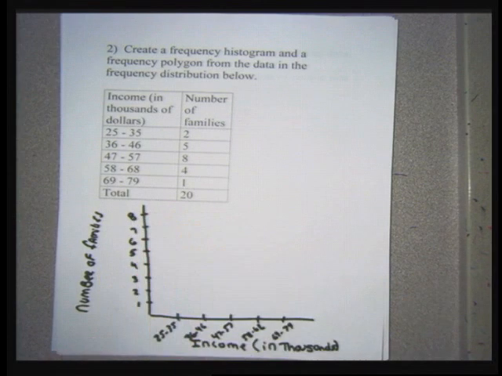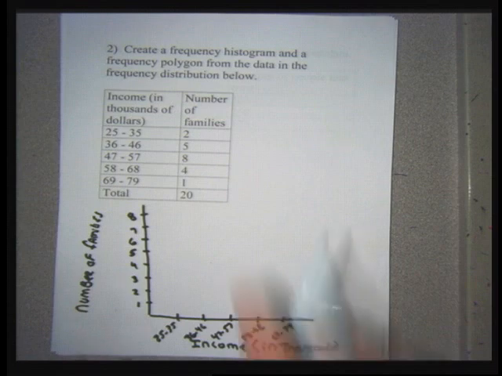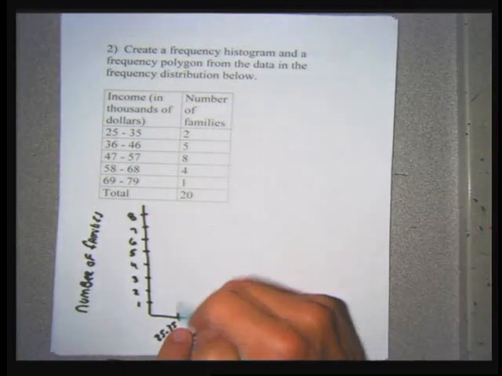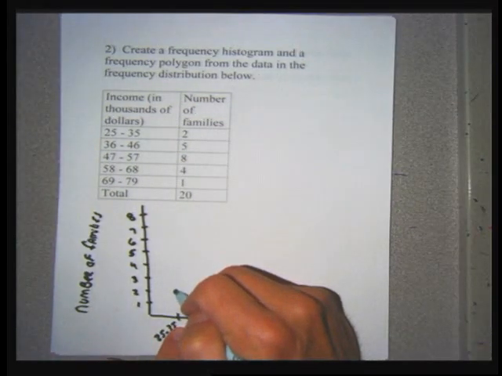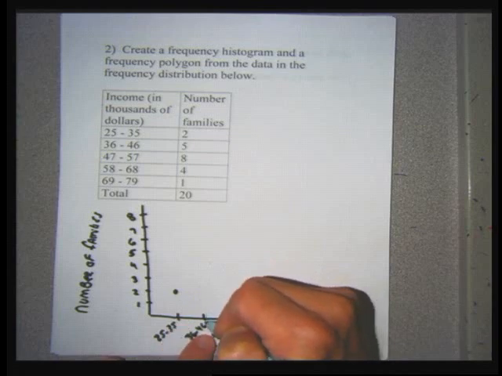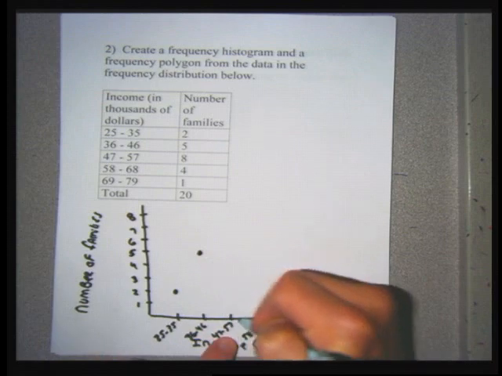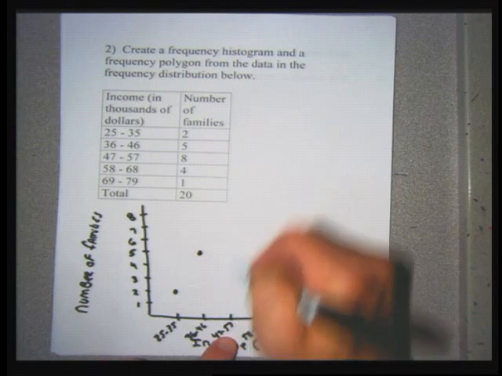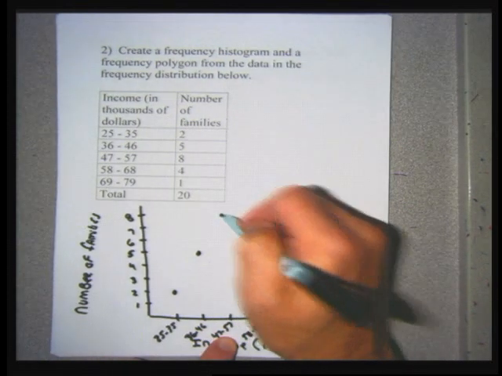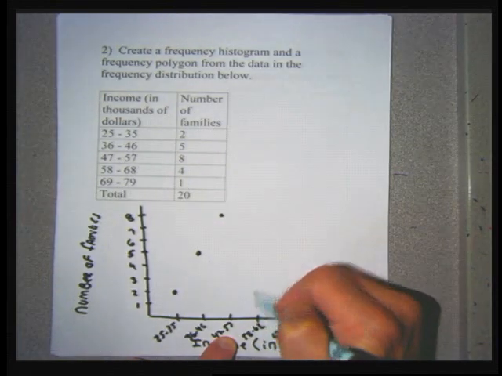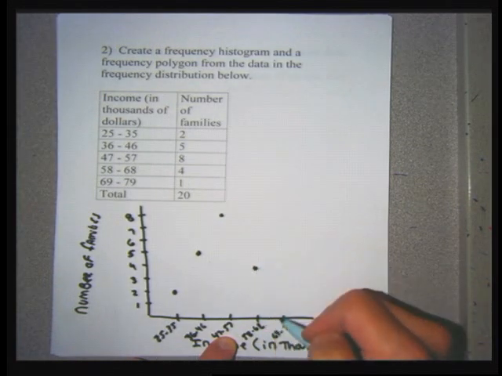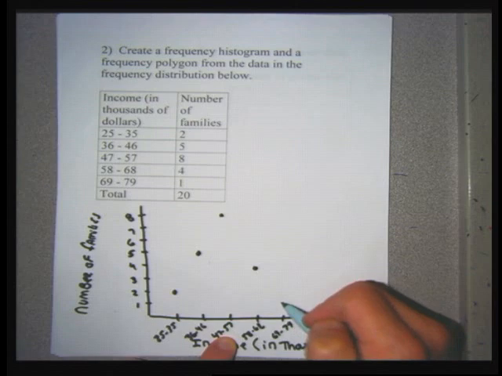Now I'm going to do the polygon first, because I kind of destroy the polygon as I make the histogram. So the first point I'm going to plot above the 25 to 35, I'm going to go up 2 and make a dot. And then 36 to 46, I'm going to go up to 5 and make a dot. 47 to 57, I'm going to go up to 8 and make a dot. 58 to 68, go up to 4 and make a dot. 69 to 79, go up to 1 and make a dot.